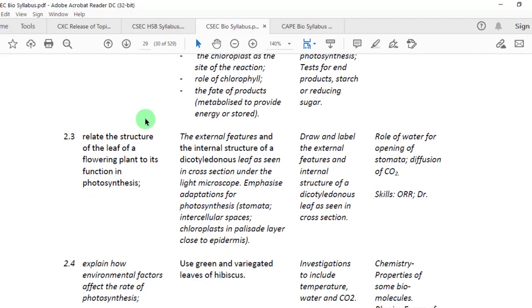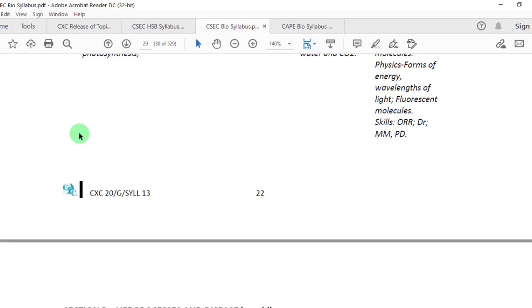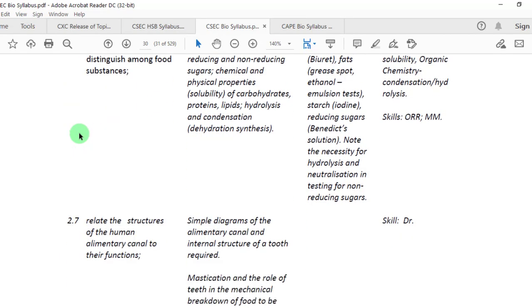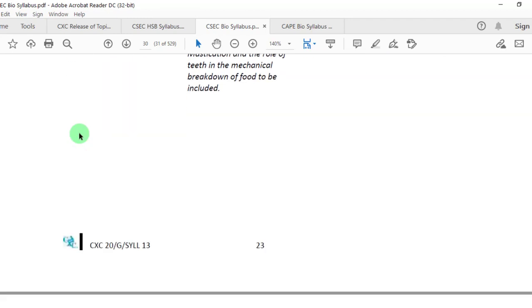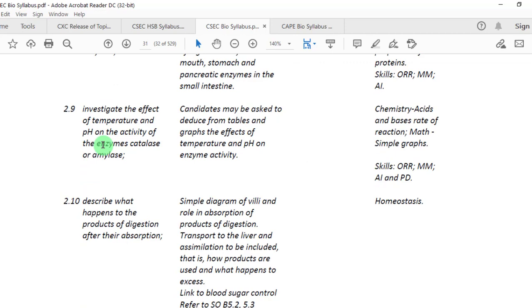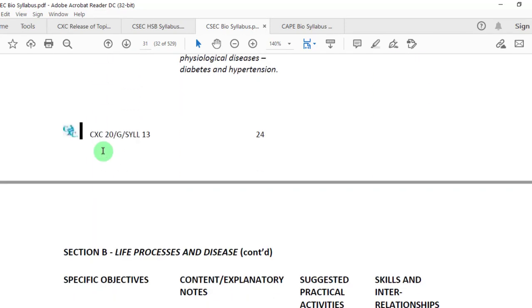But yeah, nutrition, anything with 2, 2.4, 2 point whatever, that would be in your list of things to study, right? There we go. Enzymes, enzyme properties, all of that. Balanced diet.